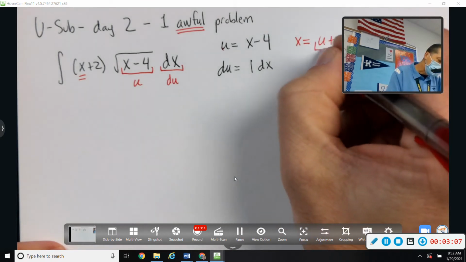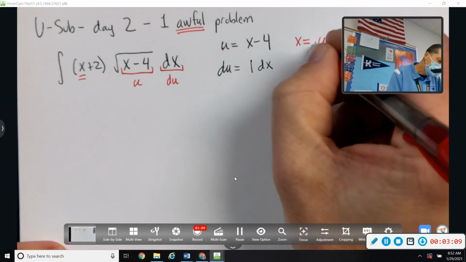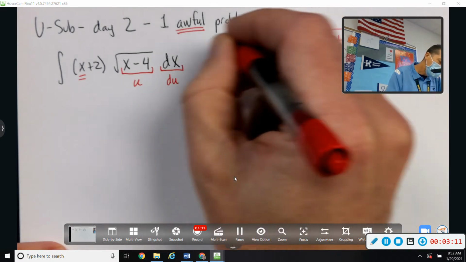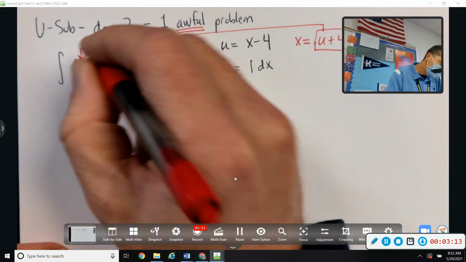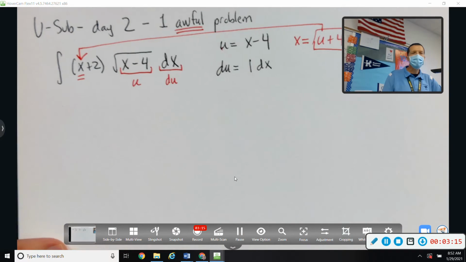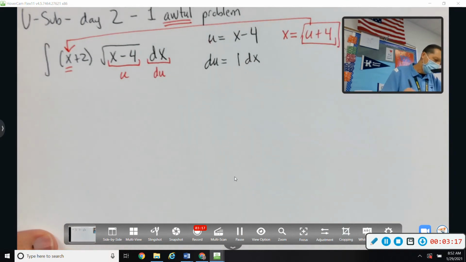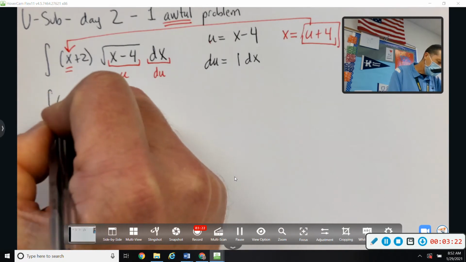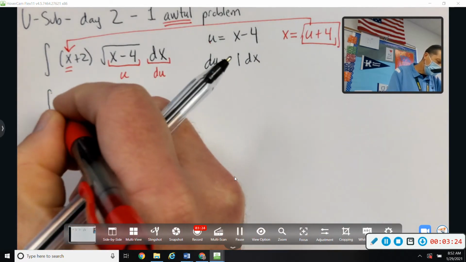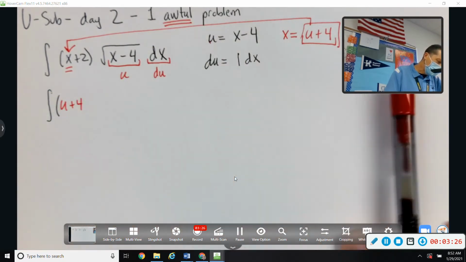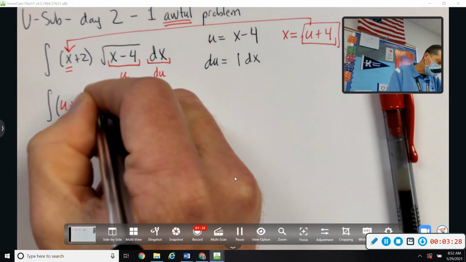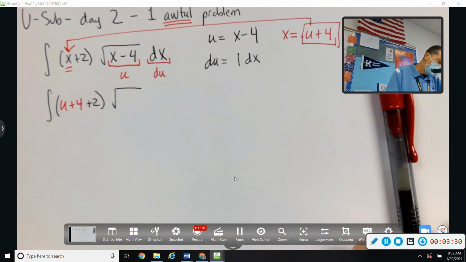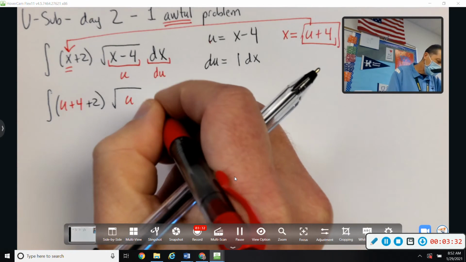So that means I can take u plus 4 and plug it in for x. So let's see what this does. So the integral of u plus 4 plus 2 times the square root of u du.